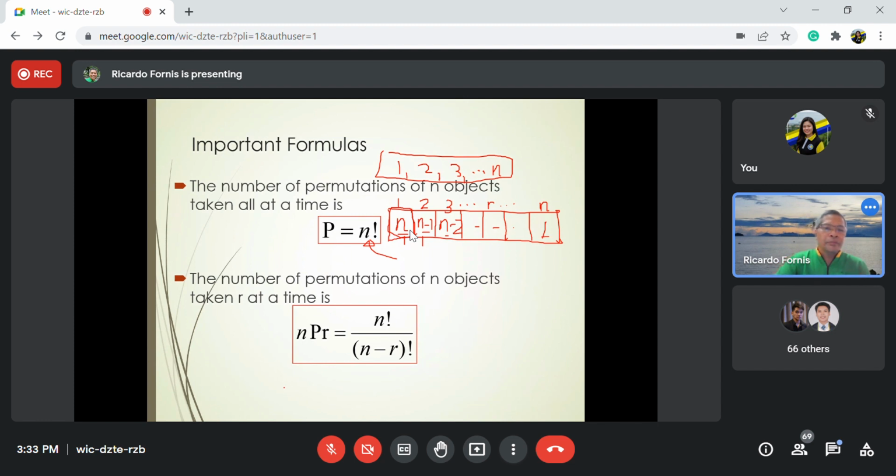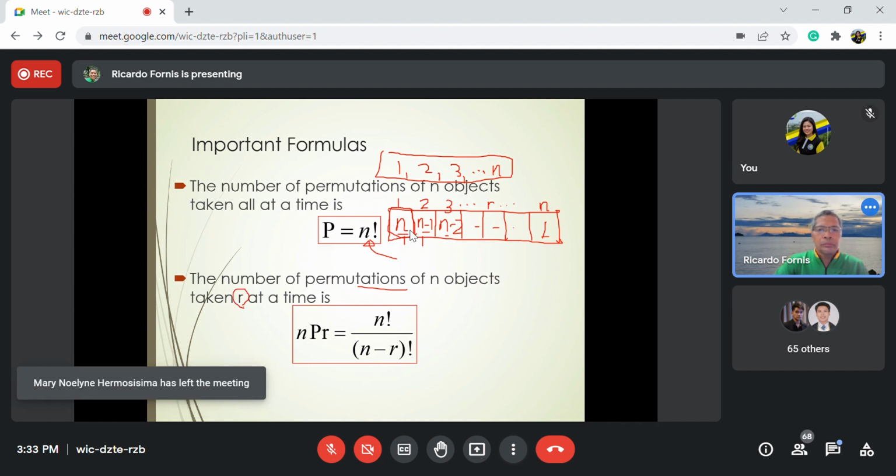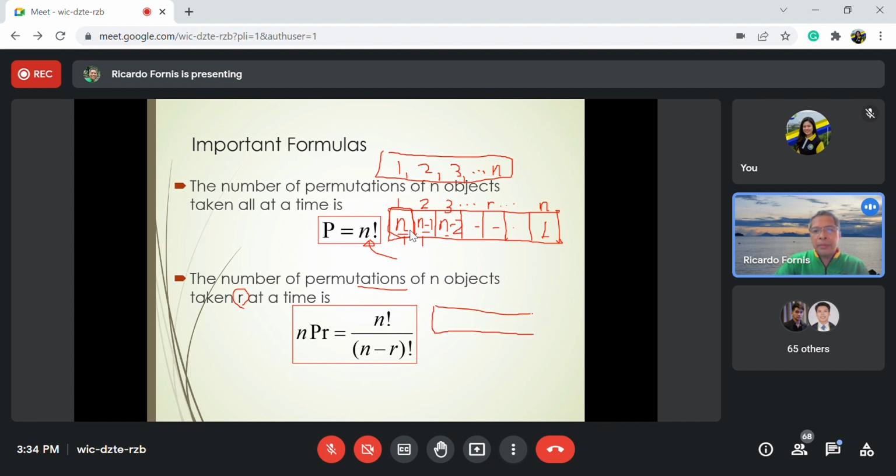Next one, the number of permutations of n objects taken R at a time. Once again, there are n objects, but you don't want to collect all of them at the same time. You are going to collect only R objects out of n.